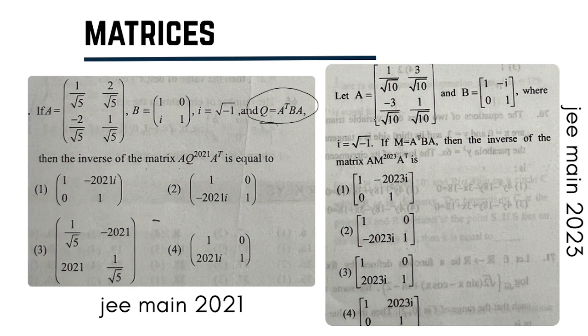And in this question, which was asked in 2023, matrix A is given, then matrix B is given, then again matrix M equals A transpose B A. Isn't it similar to Q equals A transpose B A? Then they have asked to find the inverse. Here also they have asked to find the inverse of the matrix A M raised to 2023 A transpose.